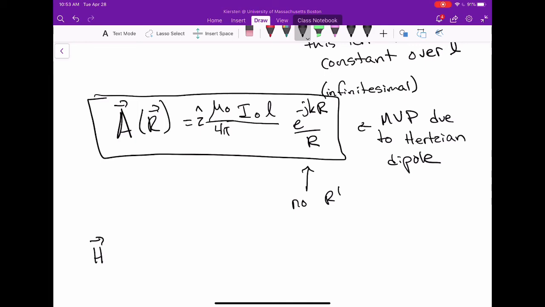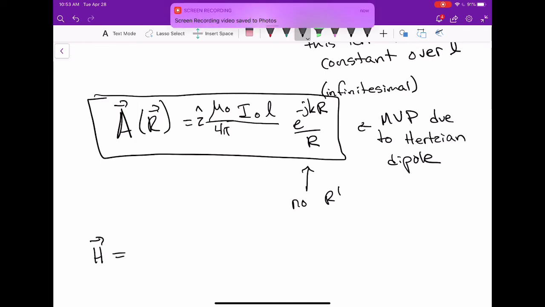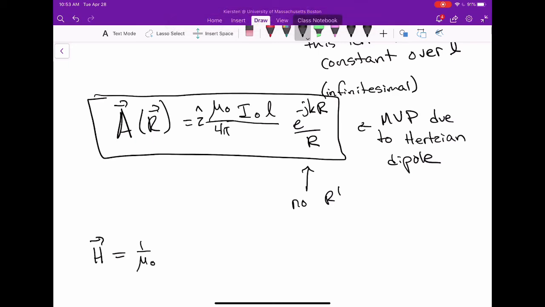So the magnetic field due to this dipole is 1 over mu naught times the curl of A. And the electric field due to this dipole, or really due to anything that has a magnetic vector potential, is 1 over j omega epsilon naught times the curl of H. So that lets us find the fields for this dipole from its magnetic vector potential.